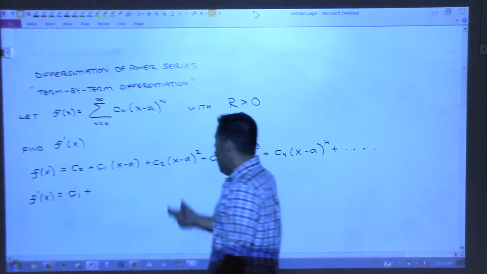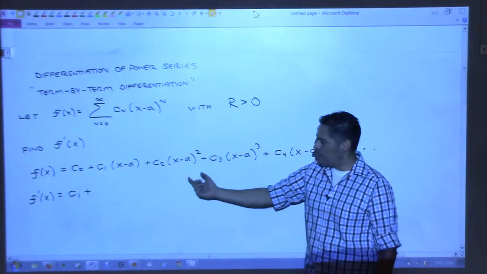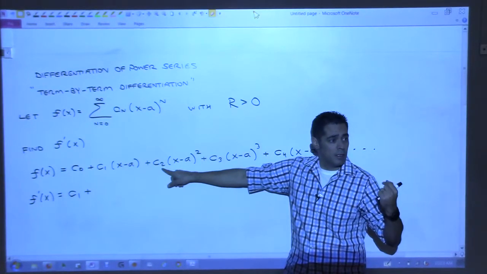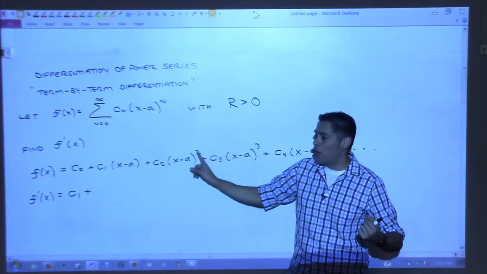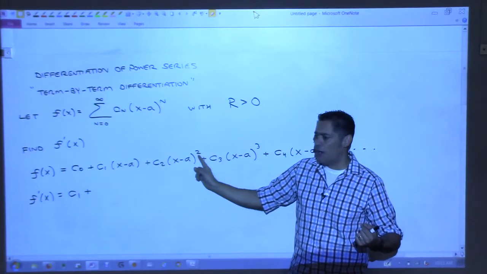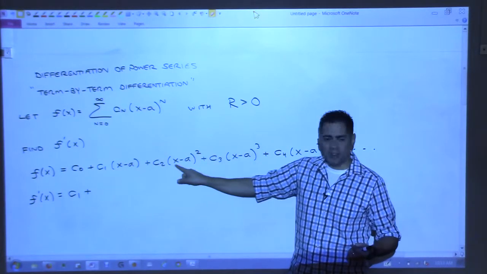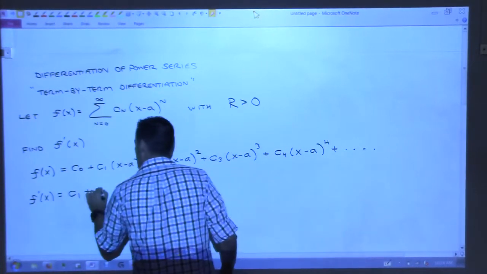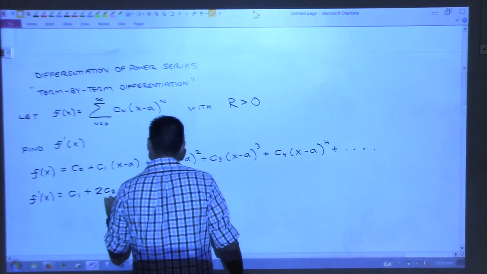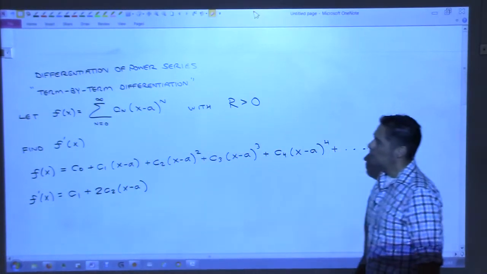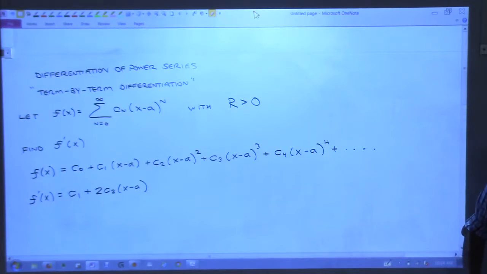Plus, now, what about this one? Be careful. C sub 2 is going to stay, but then the 2 comes out by the power rule, this to the first power, times the derivative of what's inside, which is 1. So shouldn't this just be 2 c sub 2 times x minus a? Agree?